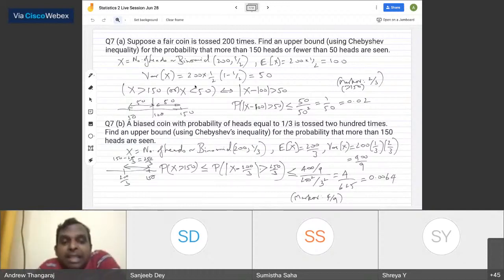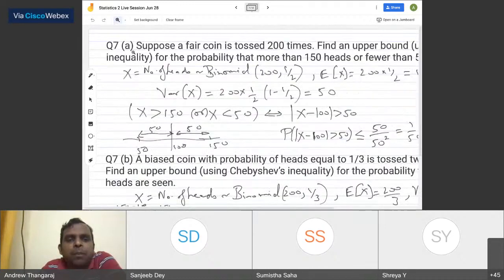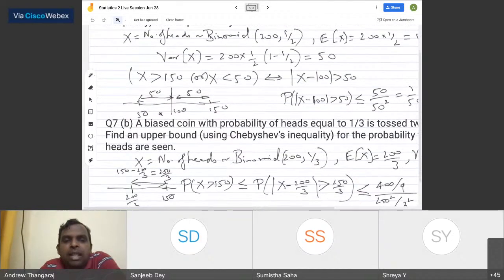Now comes the next step, which is translating the event being asked into the form that you need for Chebyshev. This is a little bit of a trick. It's not very hard, but you have to look at it and do it carefully. I've asked for x greater than 150 or x less than 50. So always draw this little picture. Maybe I should zoom a little bit. Hopefully you can see that.